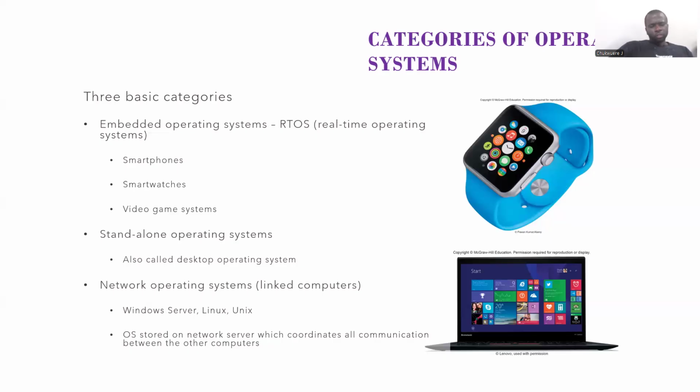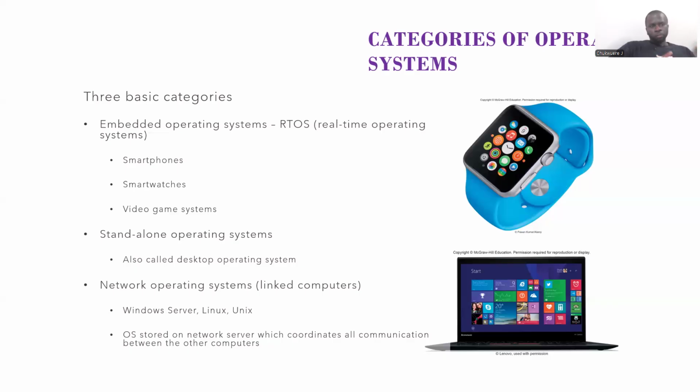Your laptop also uses a standalone operating system. Then we have a network operating system, which is linked to what? Linked computers, which is mostly used by network servers and all the rest of them, to run your server, your communication and everything, which is what?